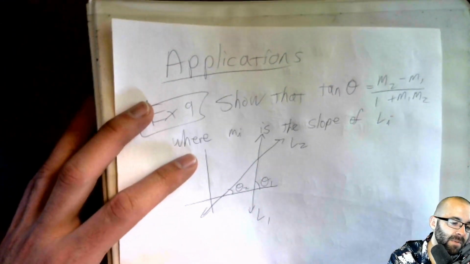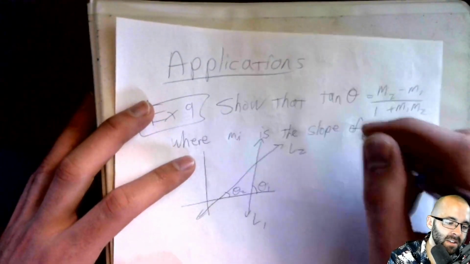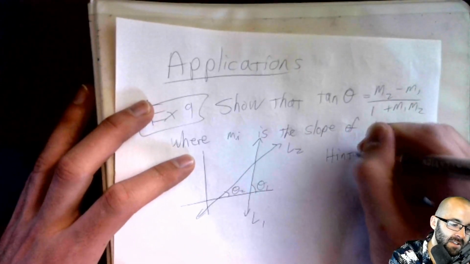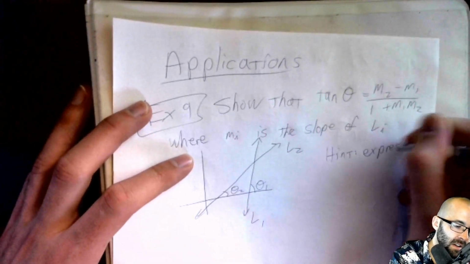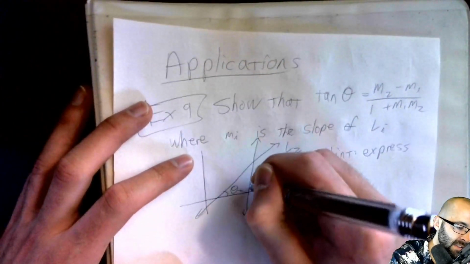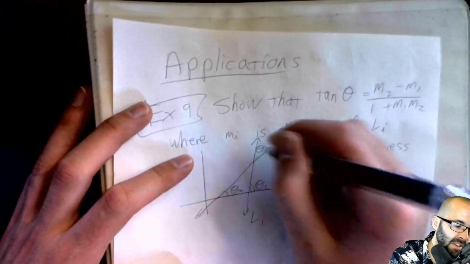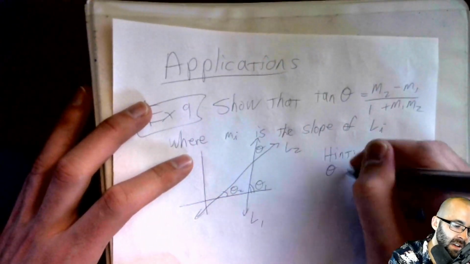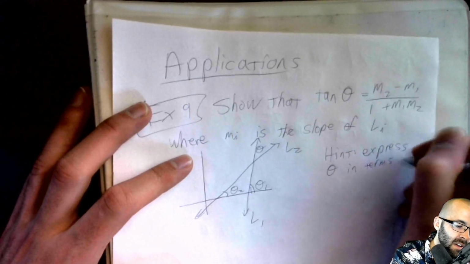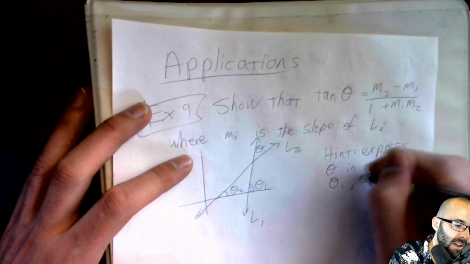So really, and this problem does give you a hint, right? The hint is to express theta, let's call theta this angle, in terms of theta 1 and theta 2.